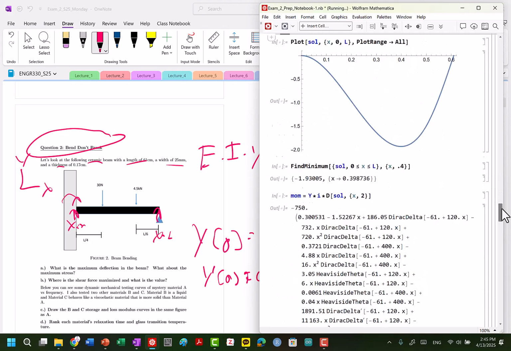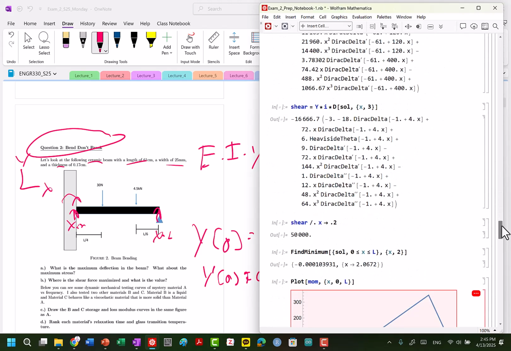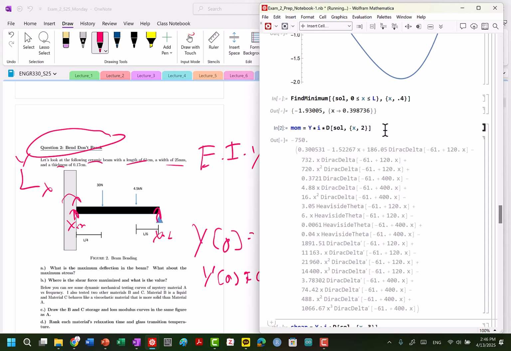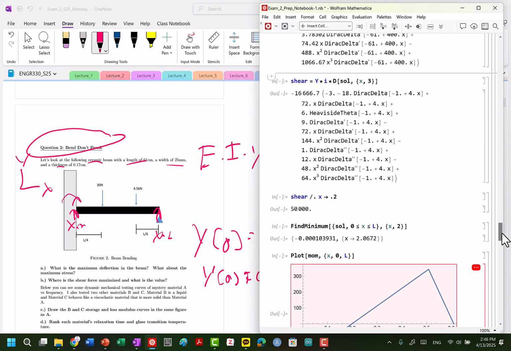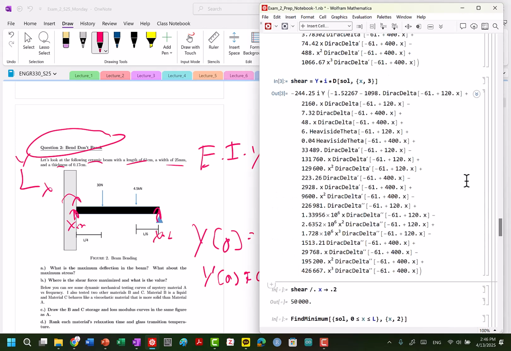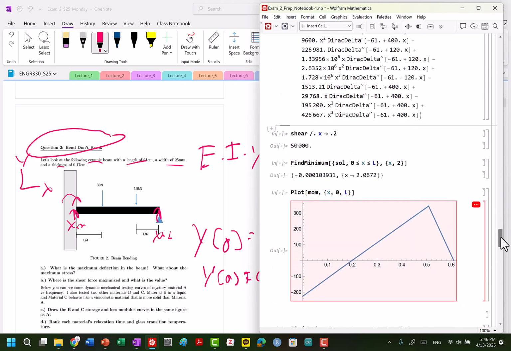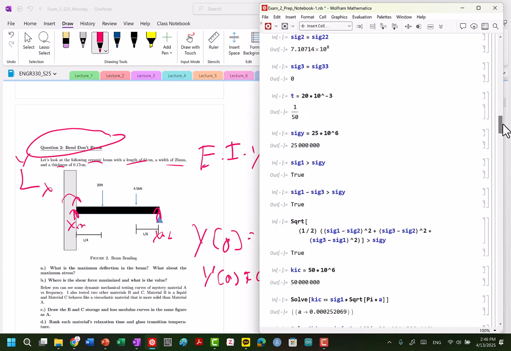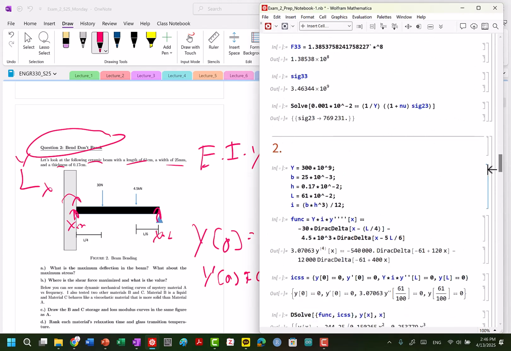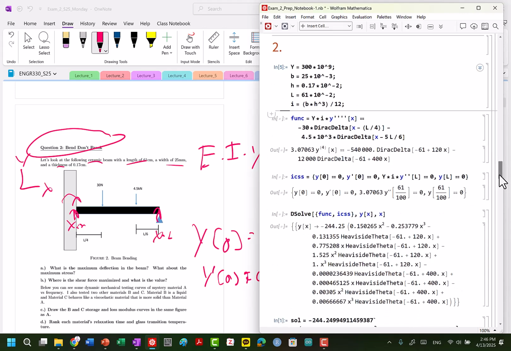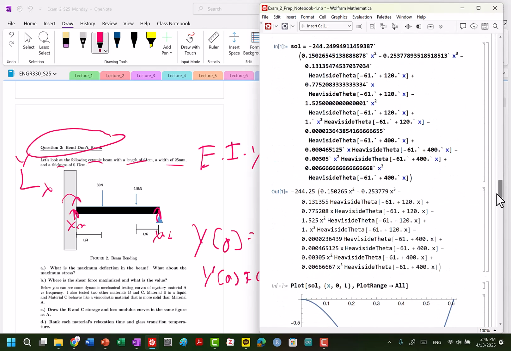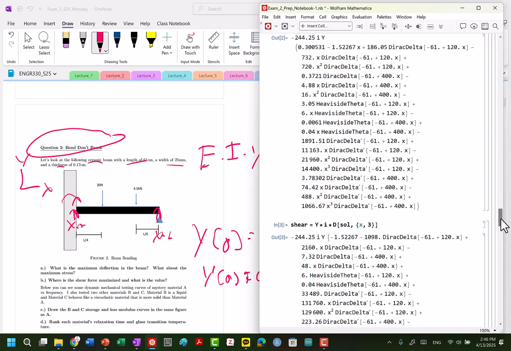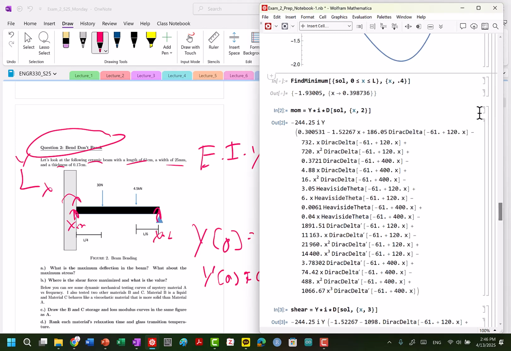I do need this because I do want to solve, and I do want my shear as well. That's probably a problem here. Let's define everything in here. It doesn't like that the graphics are not defined.